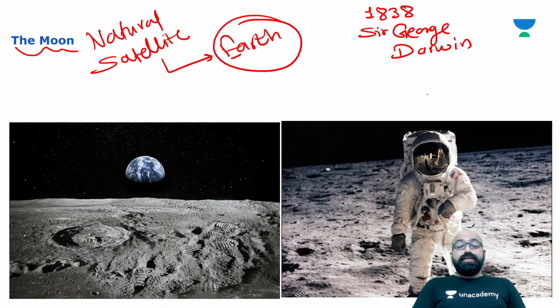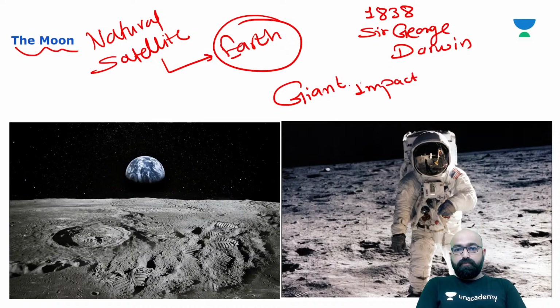It is now generally believed that the formation of the Moon as a satellite of the Earth is an outcome of a giant impact, or what is described as the big splat.